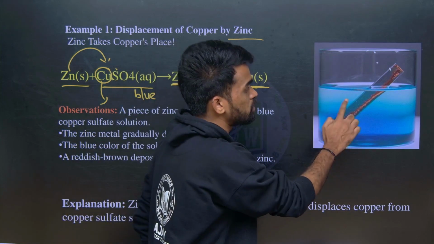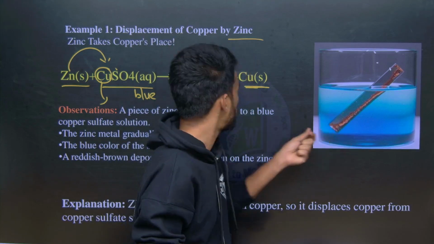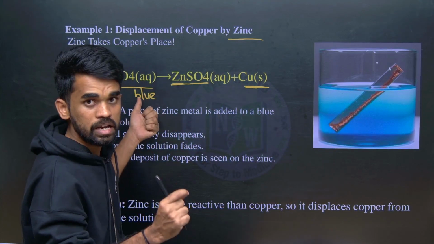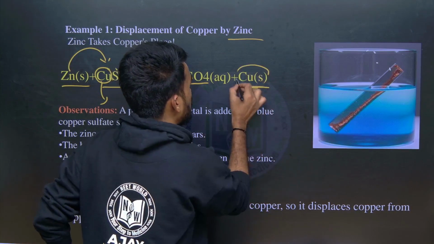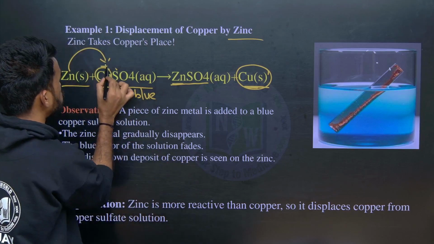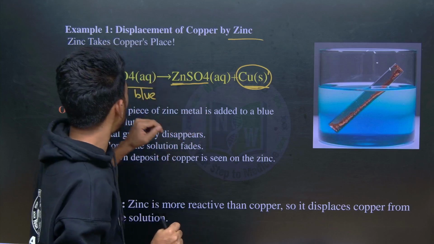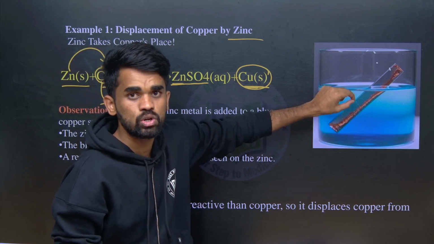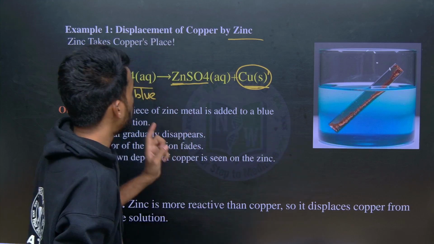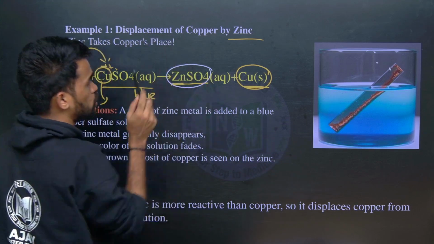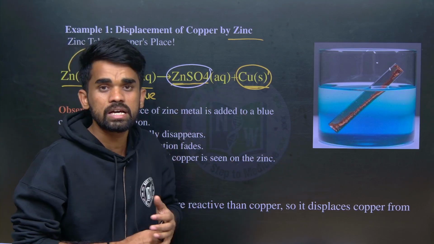The intensity of the blue color of the solution decreases, because the copper +2 ions from the copper sulfate solution, which are responsible for the blue color, are converted into metallic copper. So the intensity of the color of the solution reduces, because it is converting into zinc sulfate solution. It is no longer a copper sulfate solution, it is now forming zinc sulfate solution.